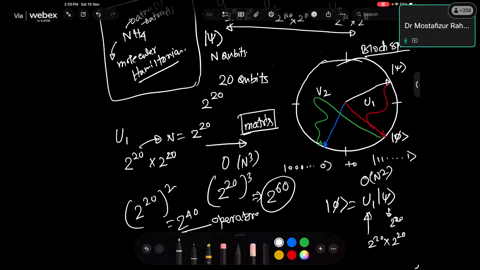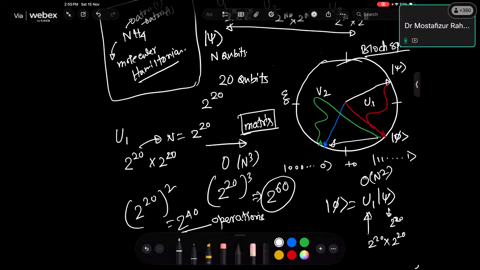If you have another quantum circuit just for refinement, if you want to improve your solution to reach from this point to this point using another level of time evolution, then you have U2 times U1, so 2 to the power 60 complex computations you have to do. So U2, U1, and then psi will give your final state.